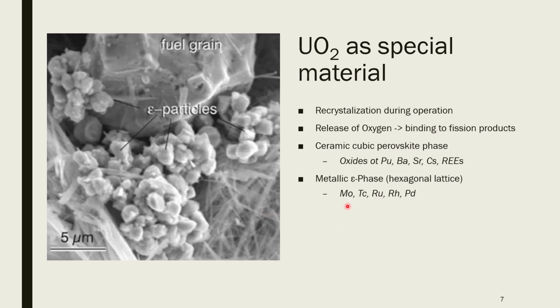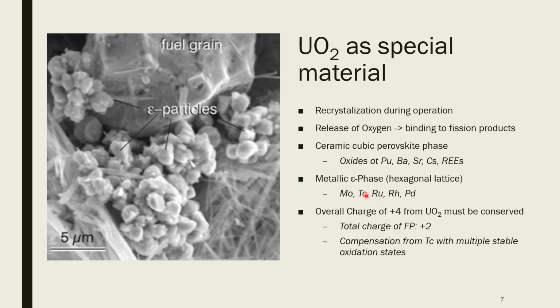And this metallic phase is quite important, because if you split the uranium dioxide, you started with a charge of the uranium atom of +4, and the overall charge, because no electrons can get in or out per se, needs to remain somewhat 4+. And since you are splitting one atom apart, you are going to end up with an overall charge, very simplified here, of +2 per fission product. But cesium, for example, is not very stable in the oxidation state of +2. We are talking about very long timescales, not directly during burn-up.